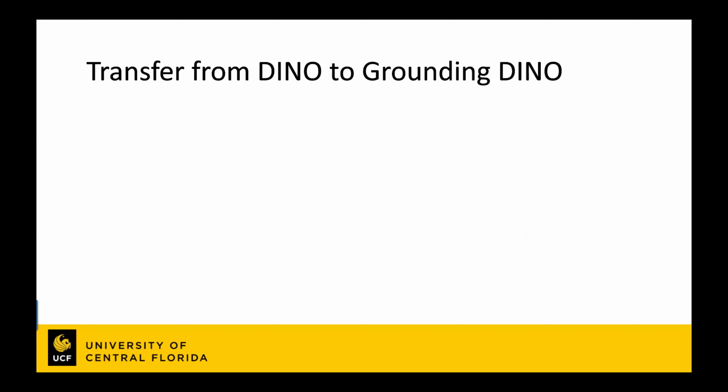Finally, we look at how we can transfer weights from base DINO over to grounding DINO. In fact, we would like to see how well we can use these pre-trained weights to then train the other components of grounding DINO that are not a part of DINO.